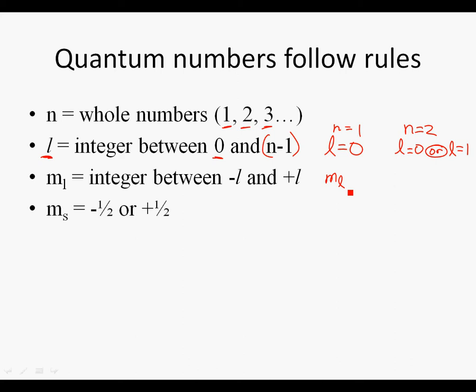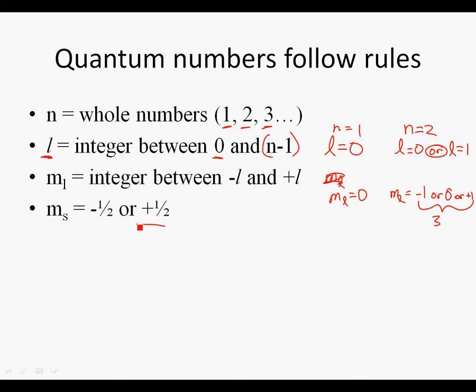So that's why in the first energy level, you can have an m sub l only of 0. But in the second energy level, you can have an m sub l of negative 1, or 0, or positive 1. Notice that's actually three different possibilities. Those are pretty much the p orbitals. So there are three different p orbitals. Those are the different quantum numbers for the p orbitals.